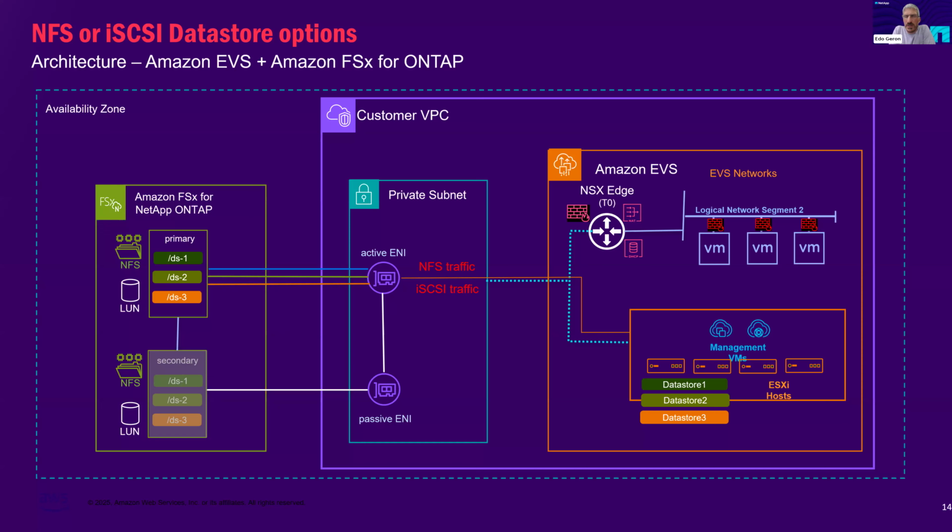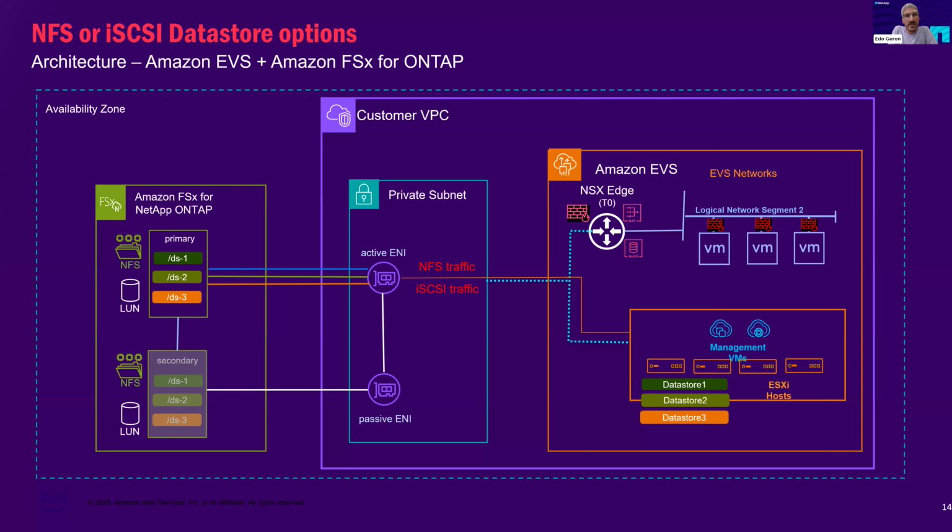EVS is actually deployed within a native customer VPC. The customer sets up the VPC and deploys EVS. EVS uses native AWS subnets, and there is a service access subnet set up for every EVS virtualization environment.